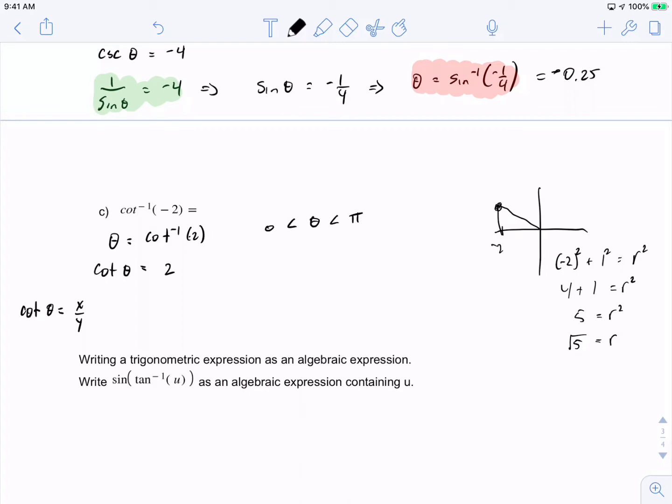And so what we see from here is we know we're in that second quadrant, and we're going to be able to attack this problem by saying that cotangent inverse of -2 would be equal to our theta, which would be equal to cosine inverse of -2 over radical 5, which is approximately 2.68.